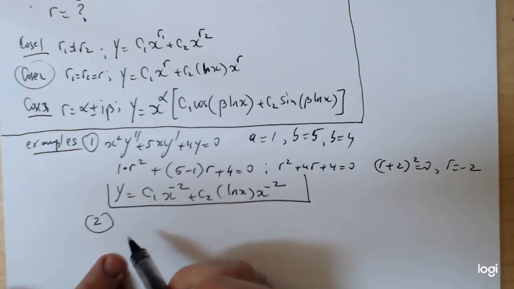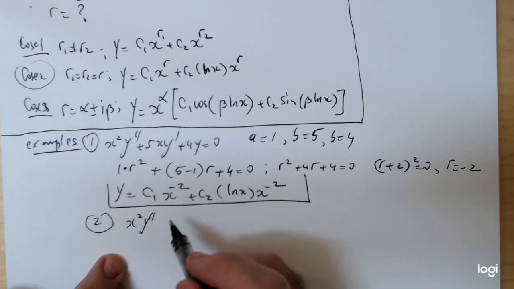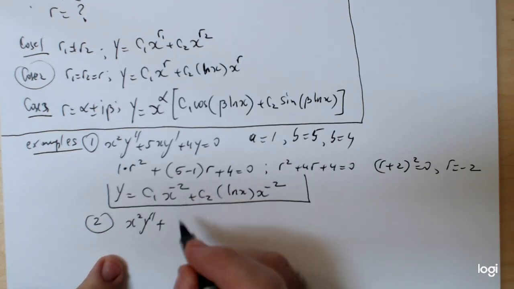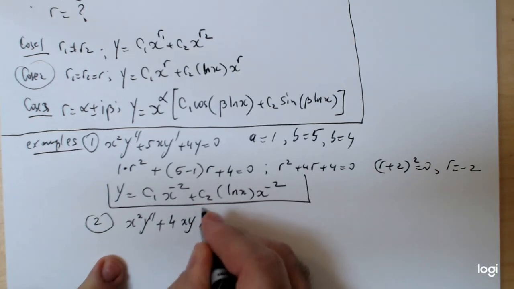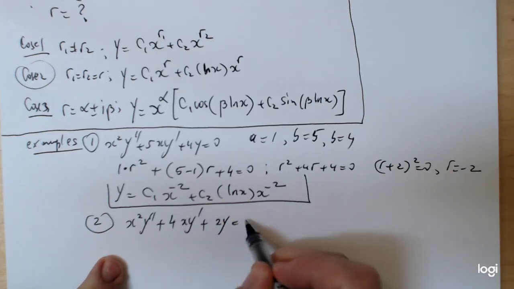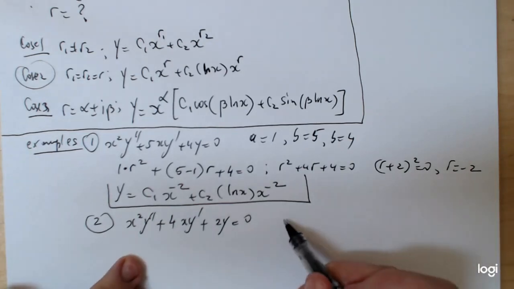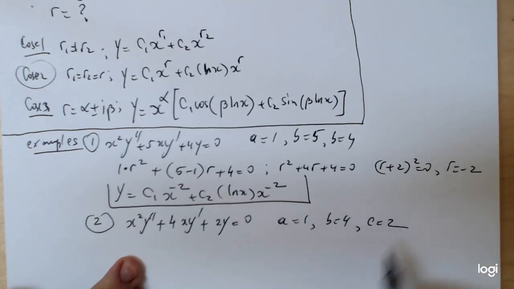Let's do another one. Let's say x squared y double prime plus 4xy prime plus 2y equals 0. All right, what do we have here? Cauchy-Euler type, a equals 1, b equals 4, c equals 2.